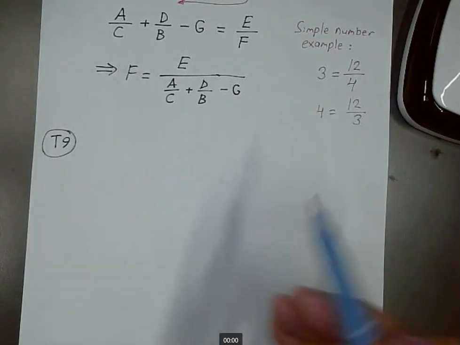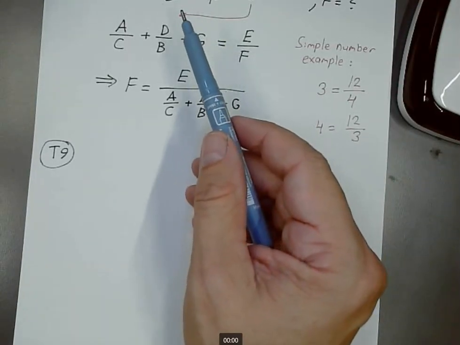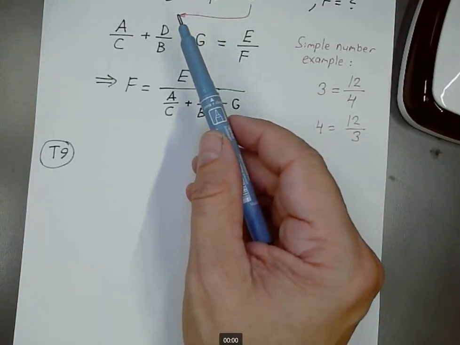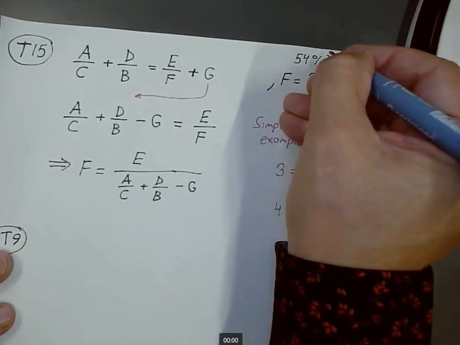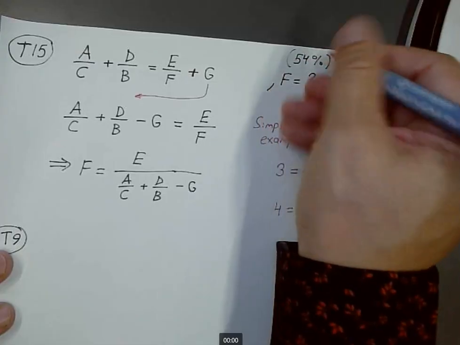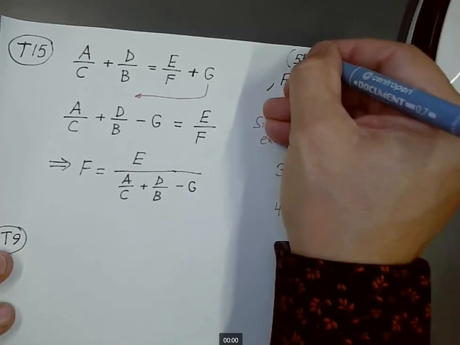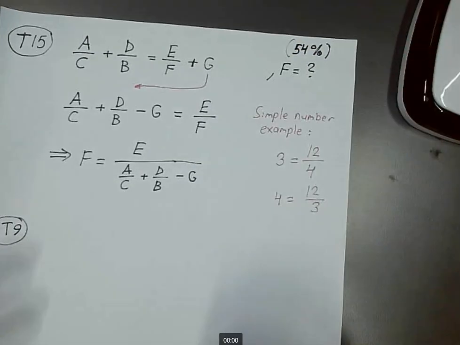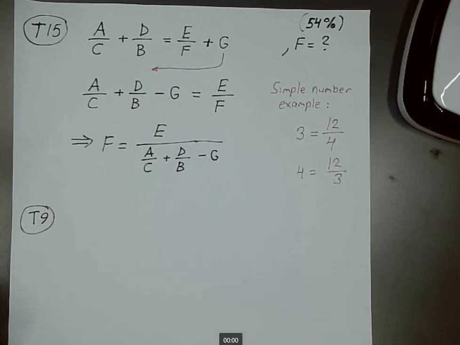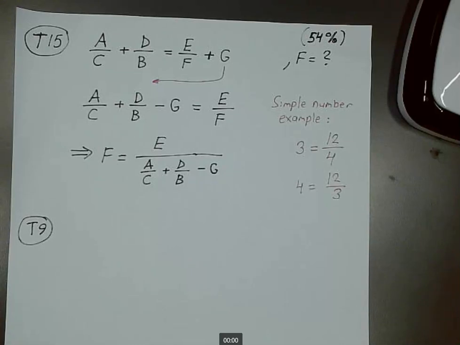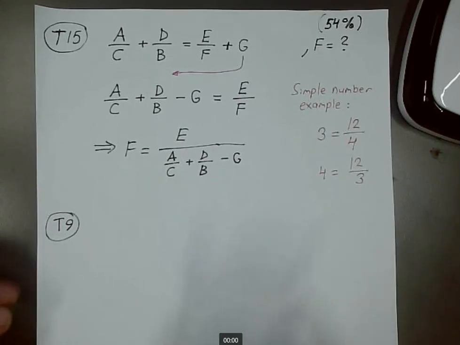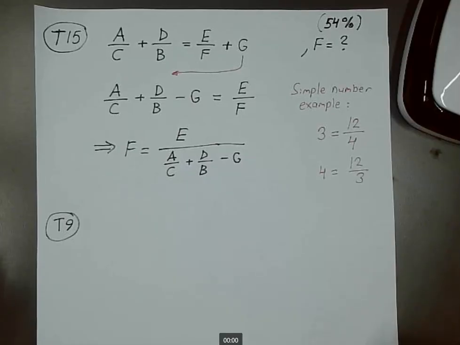By the way, this 15 was correct in 54% of papers, so only half could solve it correctly in the first place. But as I said, these letter equations are many times easier and quicker to solve than number equations.